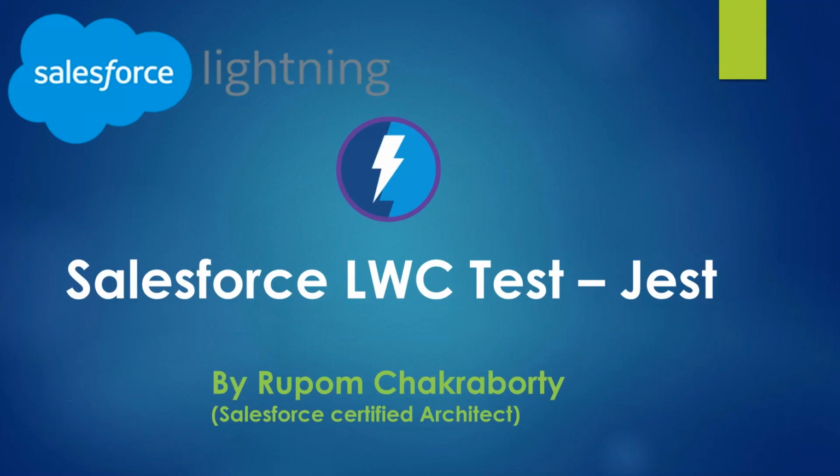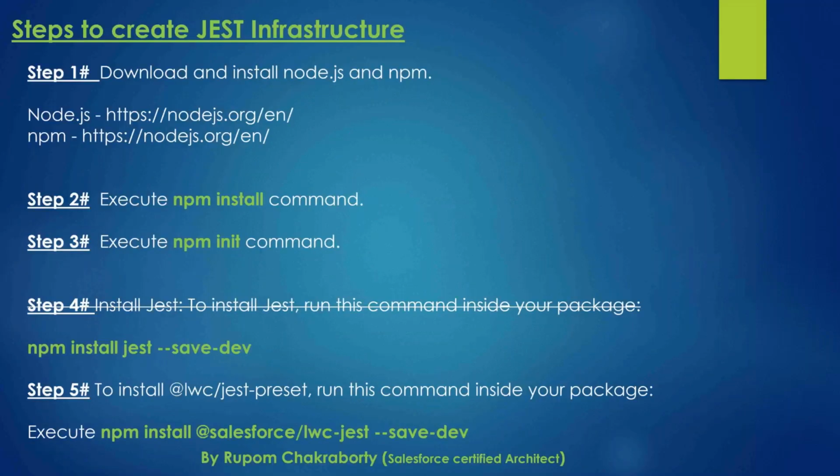If you remember, in the last class, I asked you to go ahead and download npm. I asked you to execute this npm install command after you install the npm, double clicking after the downloading, and then execute npm install. Then initialize the npm. I also told you to repeat step 5 where you install the npm for the Salesforce Jest.